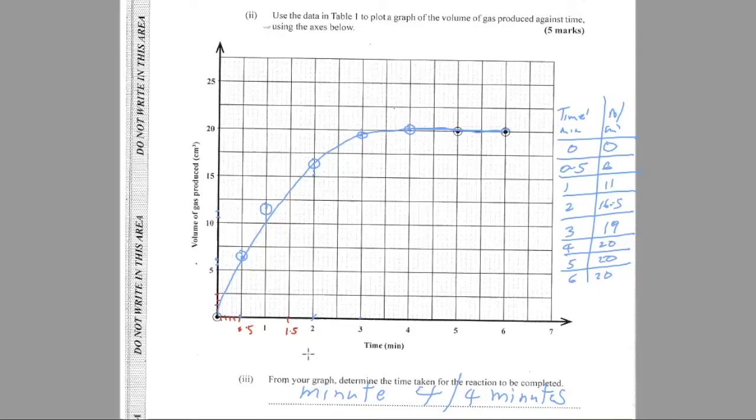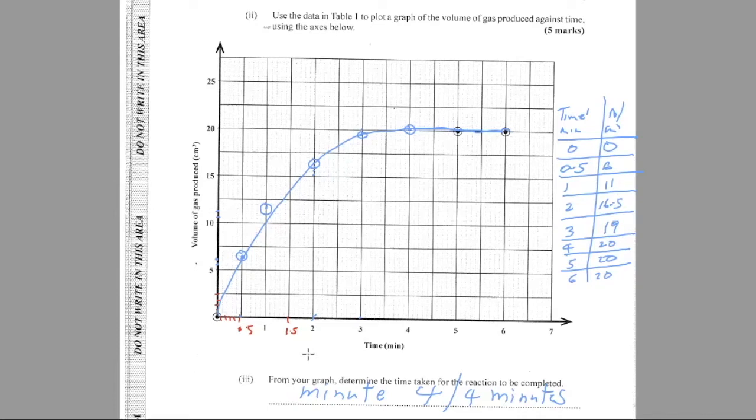We can just look at the table to see which time interval gave us the largest volume. We want the largest amount produced in the shortest amount of time, and that's how we would know that we had the fastest rate.